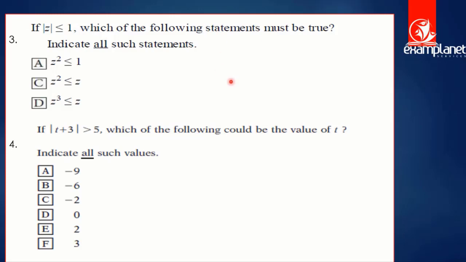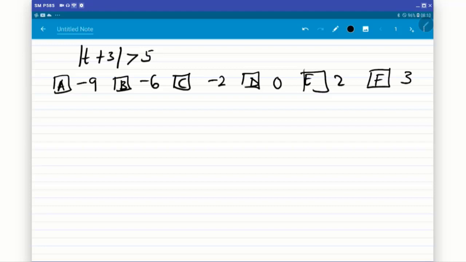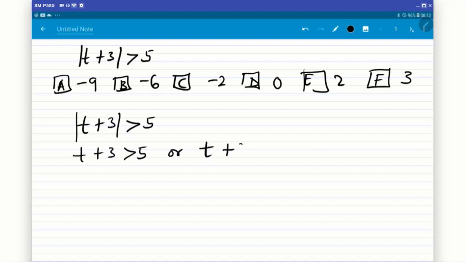Remember, if we have this, then this becomes t plus 3 is greater than 5, or t plus 3 is less than minus 5. So what does that mean? It means t plus 3 is greater than 5. Bring this one to the other side, you have minus 3.